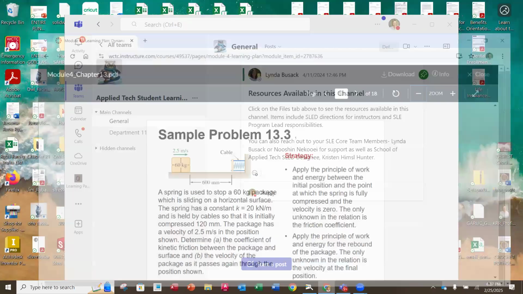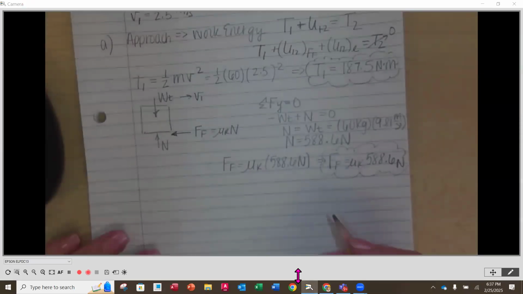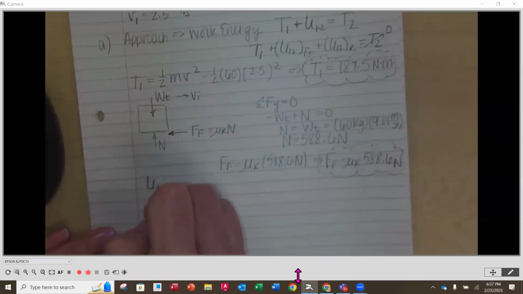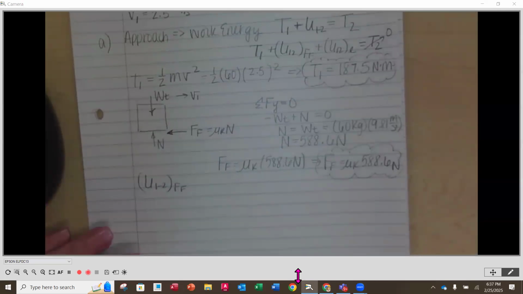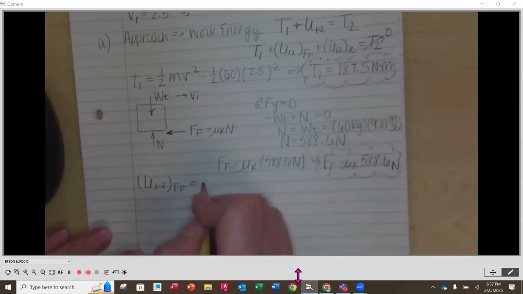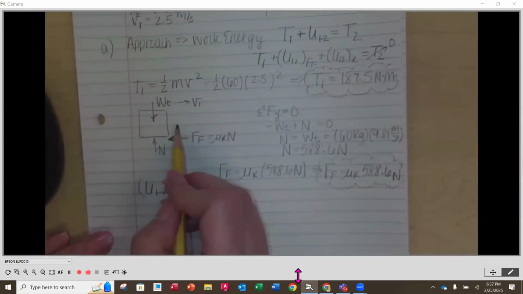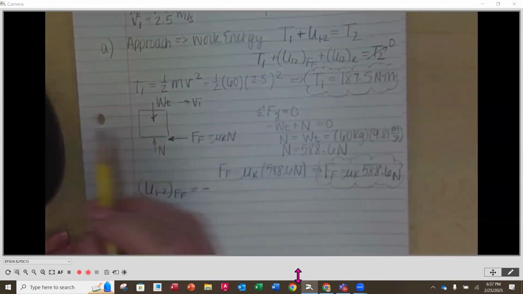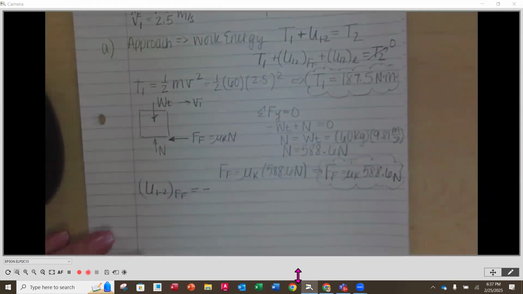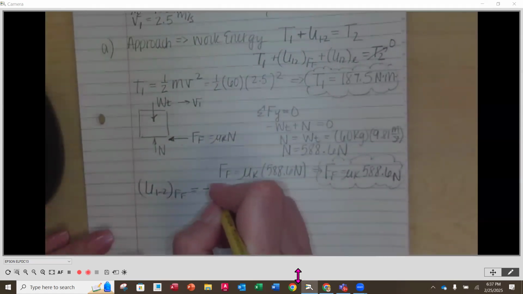So, oopsie. So that means that our work 1 to 2 due to the friction force, okay, is going to be equal to negative, because again, my work is being done, my distance is going to the right, but this force is acting to the left. So it's a negative.